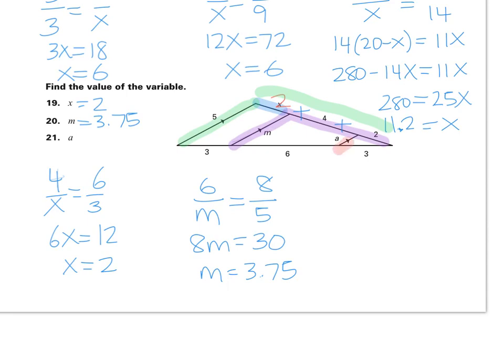And to find A, I can do red and purple. So I'm going to do the 2 over A. That's an A. 6 over, we just found, or I'm going to do the green. Sorry, that'll make it a lot easier. So I already know that's 8 over 5.